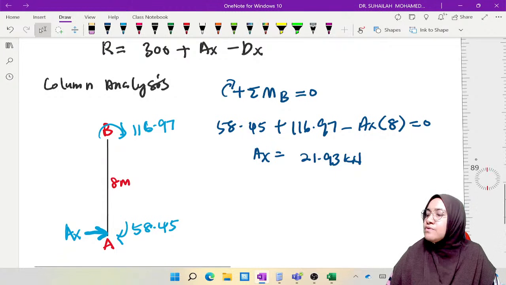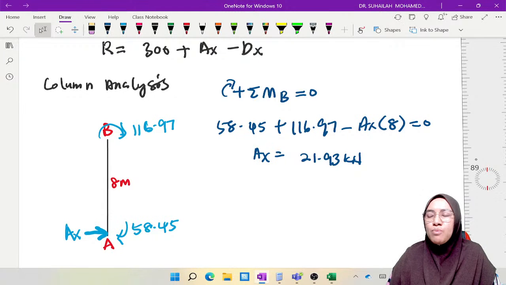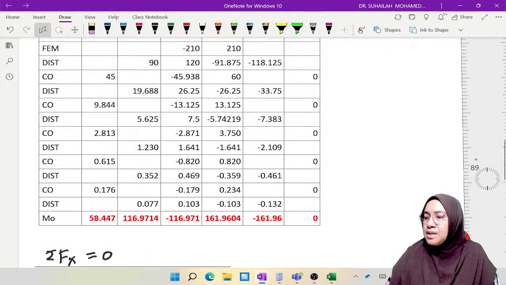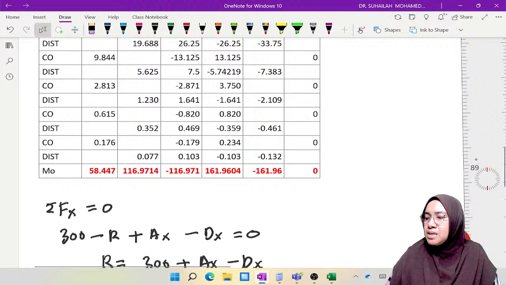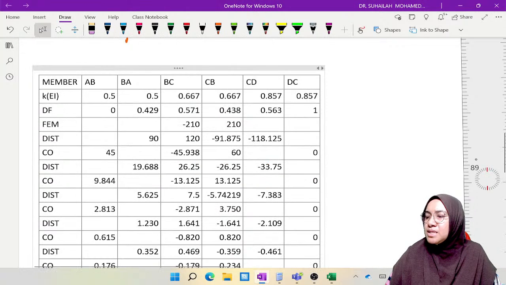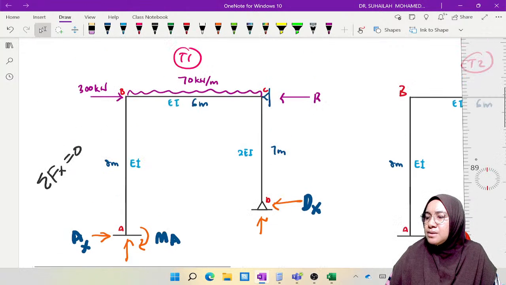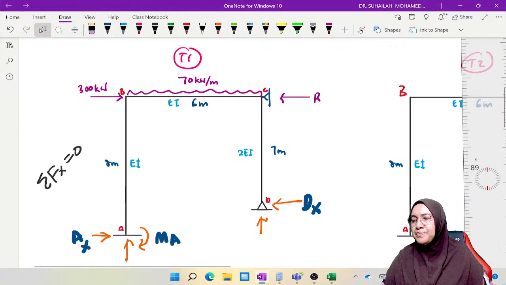Can you do for CD by taking moment at C? Please find DX value. So the moment at C is negative 161.96. And this is the diagram.